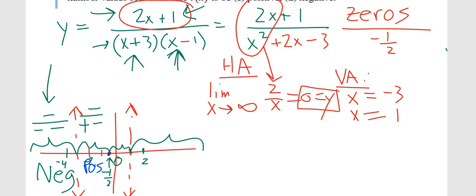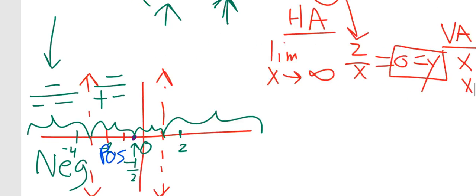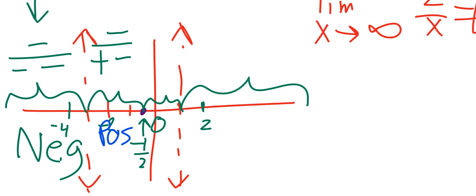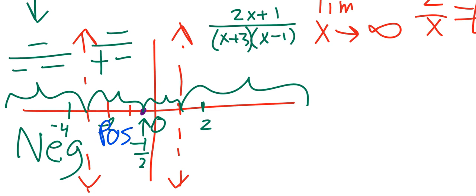So next, you said let's plug in a 0. So 2 times 0 plus 1. I wish I had this a little bigger. 2x plus 1 over x plus 3, x minus 1. I can do this a little easier when it's blown up like this.